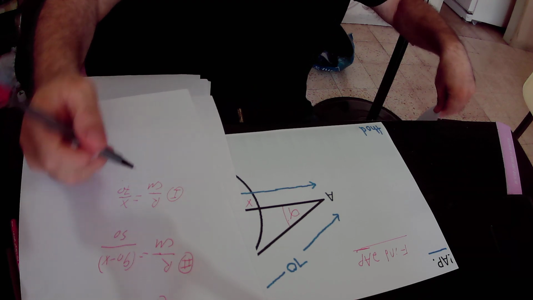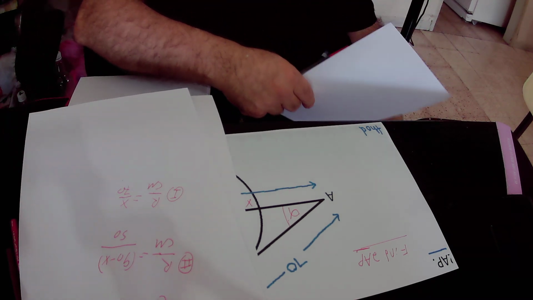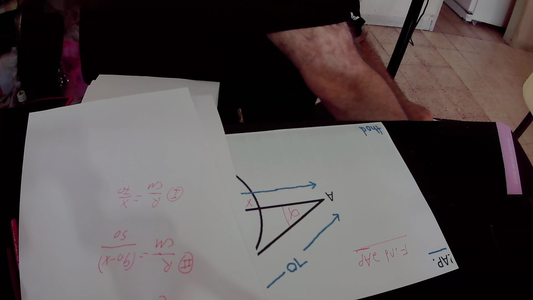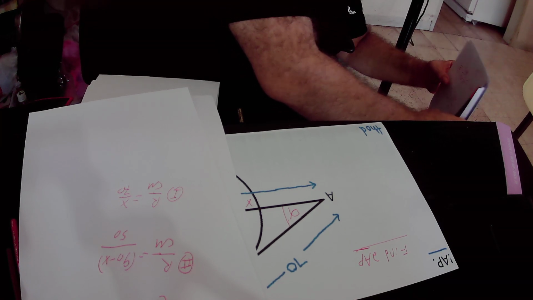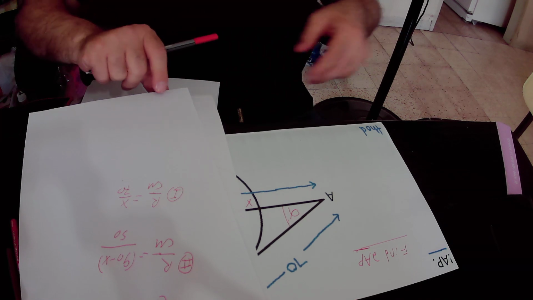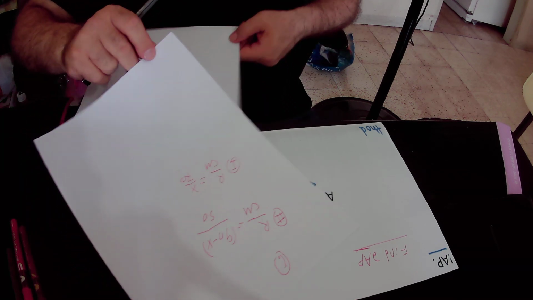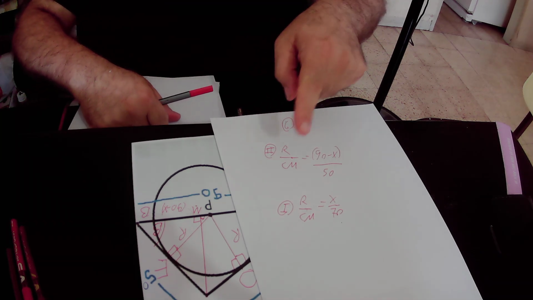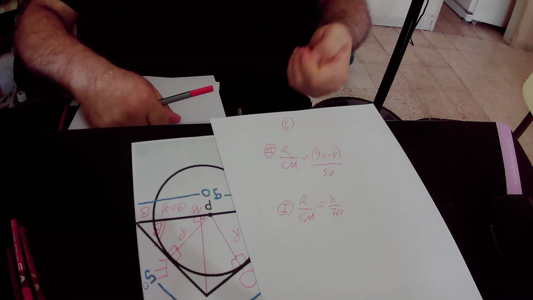So actually we have R over Cm in the second equation, we have also R over Cm in the first equation.